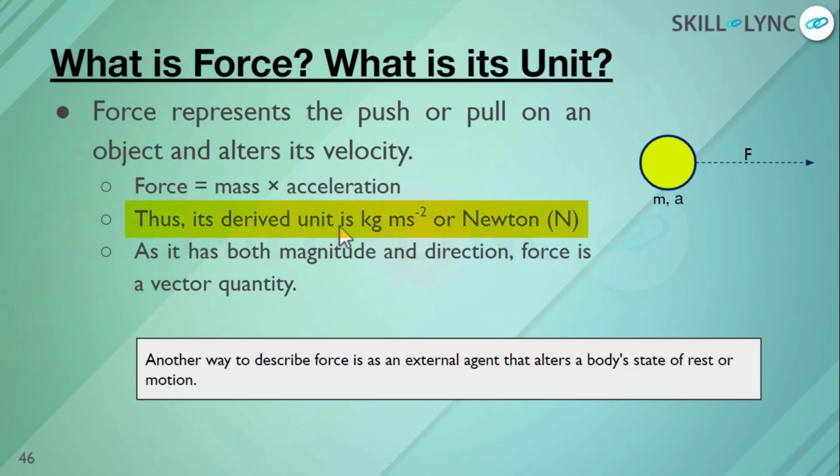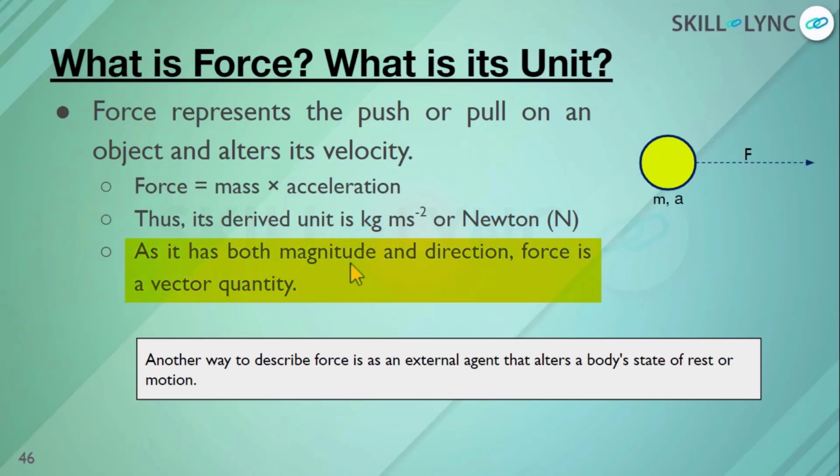Thus, its derived unit is kg meter per second square. Kg is the unit of mass, and meter per second square is the unit of acceleration. So the unit of force will be kg meter per second square. This can also be written as Newton. Thus kg meter per second square and Newton have the same meaning. As force has both magnitude and direction, force is a vector quantity.